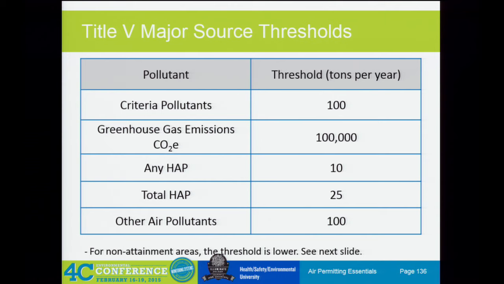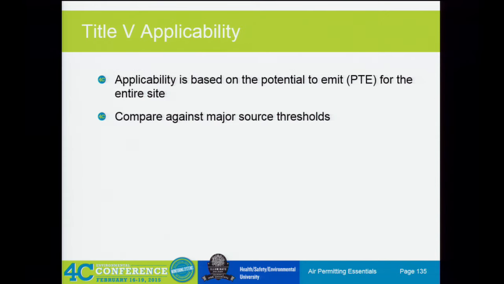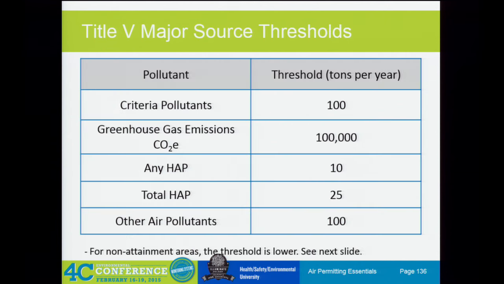So first we look to see, are we a major source under Title V? This table works for both the Title V operating permit and for your PSD non-attainment construction permits. You just need to apply the correct thresholds to follow the flow chart. So the first thing we're looking at is Title V, and we look at these thresholds.